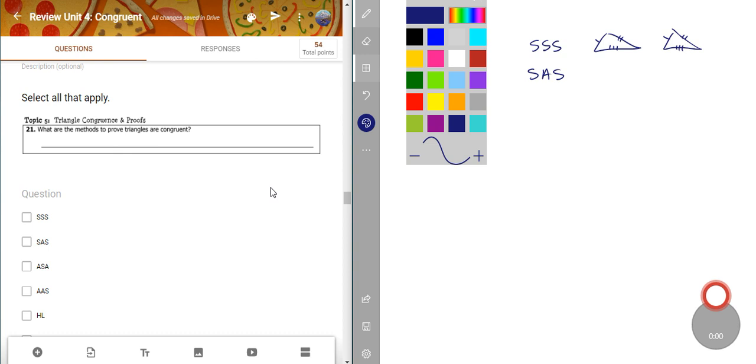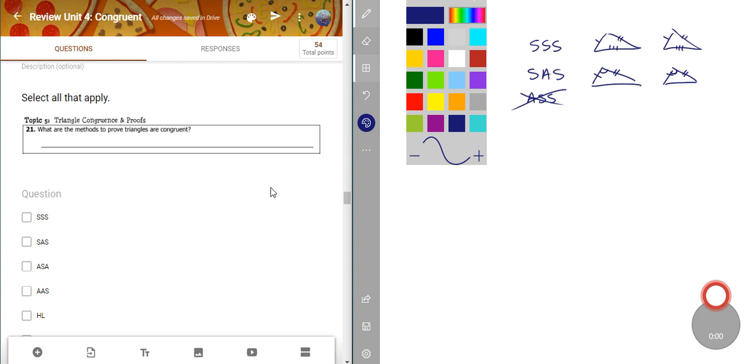The difference here with side, angle, side versus angle, side, side, which can't work, right, is that you've got to have a side and a side with the angle in between them. So side, side with the angle in between them. That's your side, angle, side.